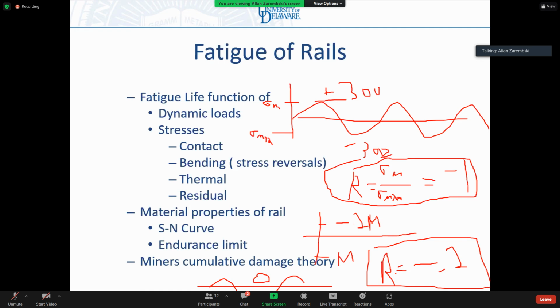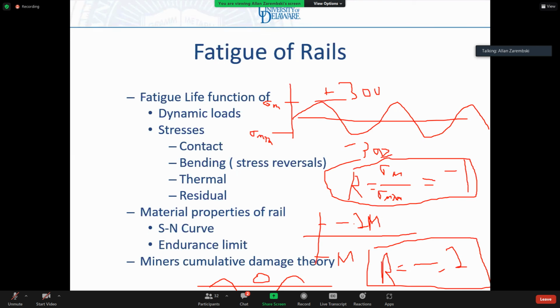By the way, fatigue theory says that stress reversals cause the greatest amount of fatigue damage. So let's say there was no reversal. Let's say I went from plus 200 megapascals to plus 50 megapascals.